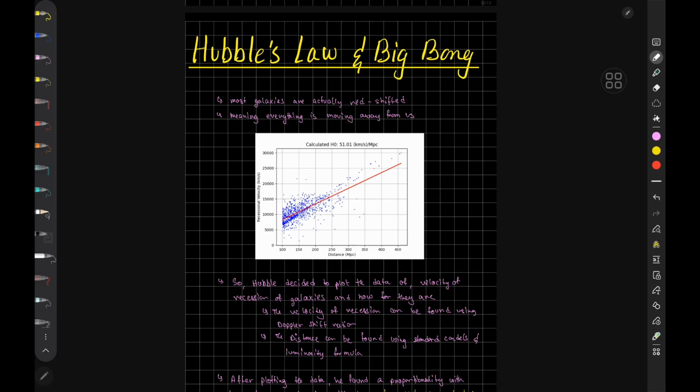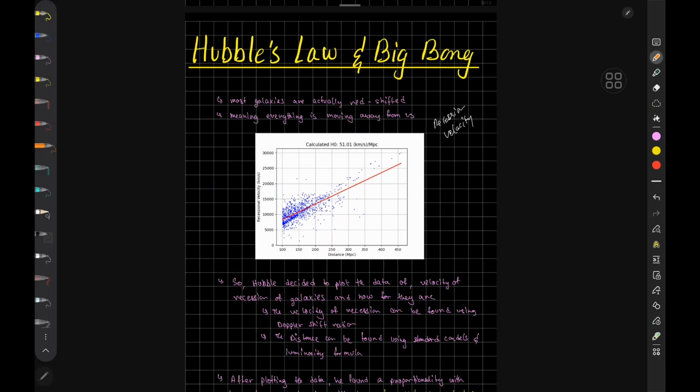When we plot the graph of whether the galaxies are moving away from us or not, that is, how many of the galaxies are redshifted, or have a recession velocity, what Hubble did was plot the recession velocity.